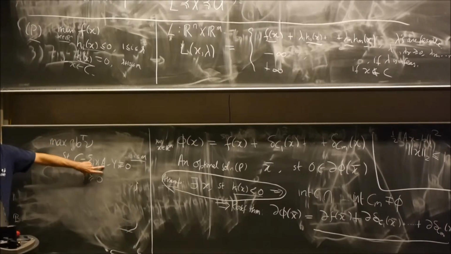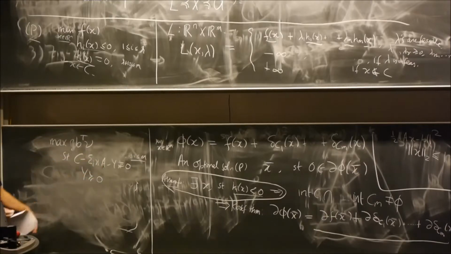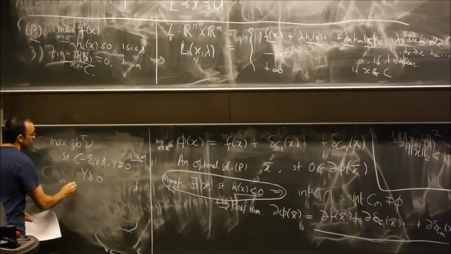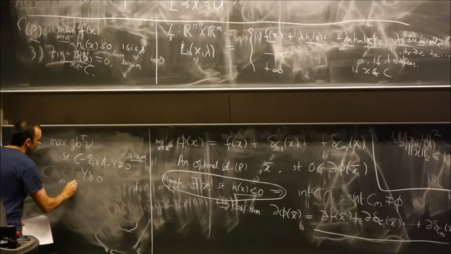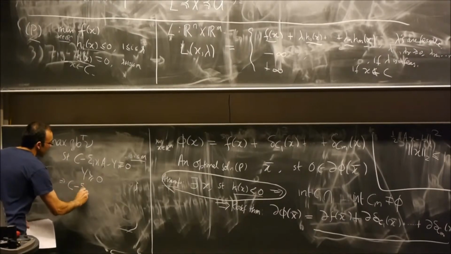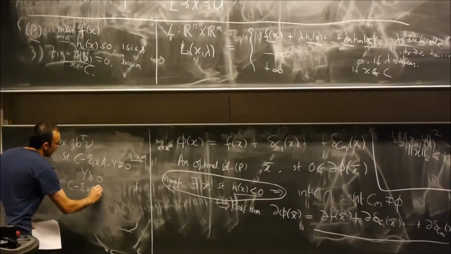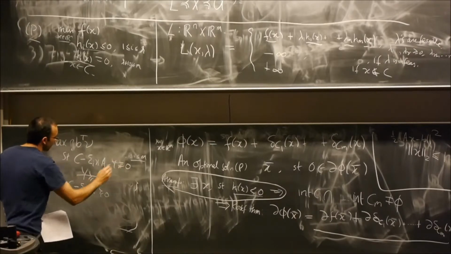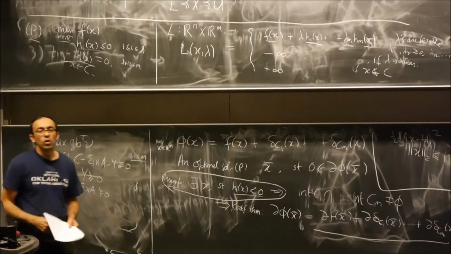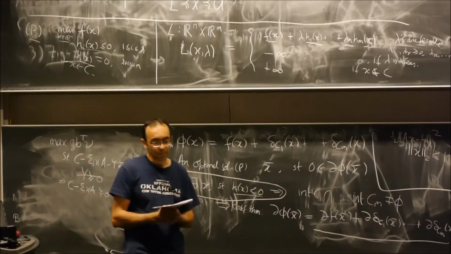So you can eliminate that extra slack Y, now you can actually eliminate that. This will boil down to C minus sum of nu_i A_i being bigger than or equal to 0. You can get rid of that. So you get the so-called conic form of the SDP.